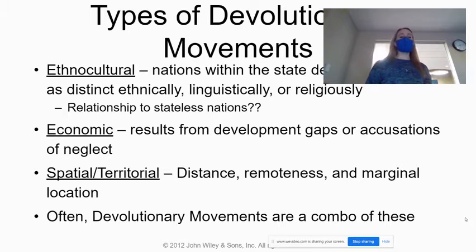The second one is economic. This results from development gaps or economic gaps between different regions. So maybe there are some regions of a country that are pretty well off. They have a lot of industry. They may have resources like oil. They may have more of a tech type industry. And that region feels like they could do pretty well on their own.